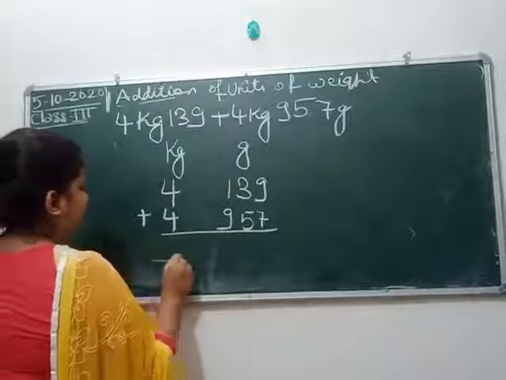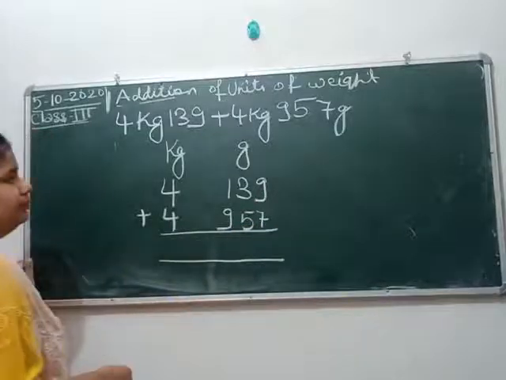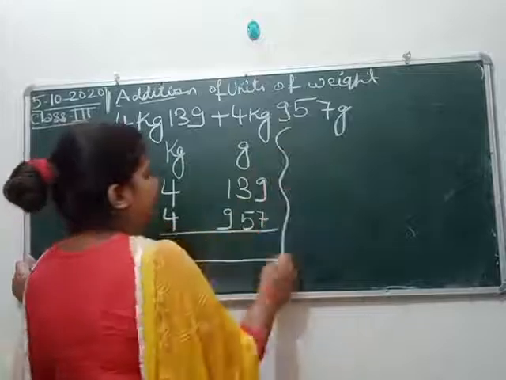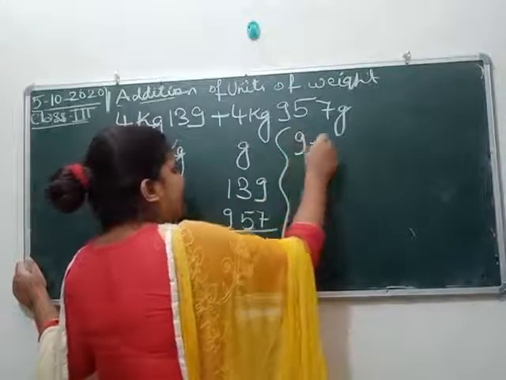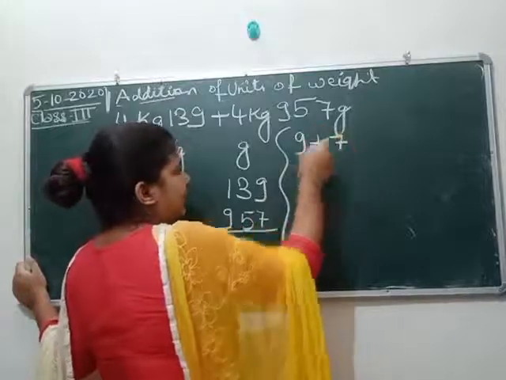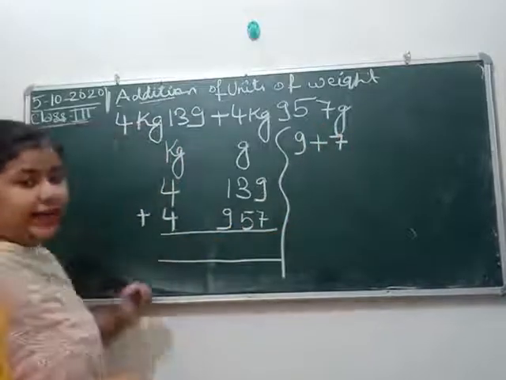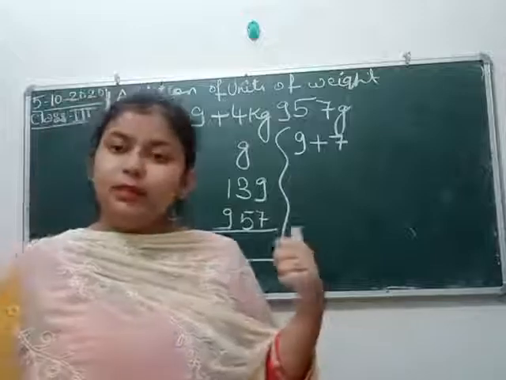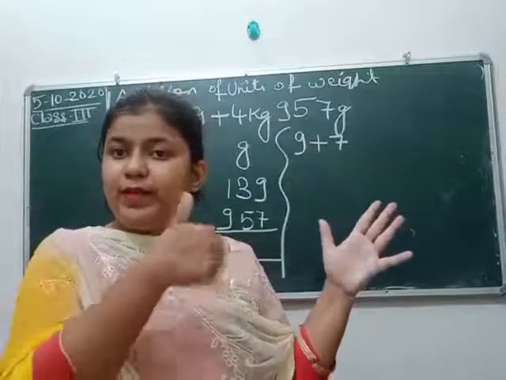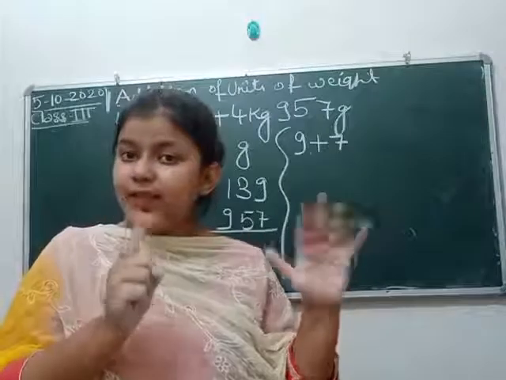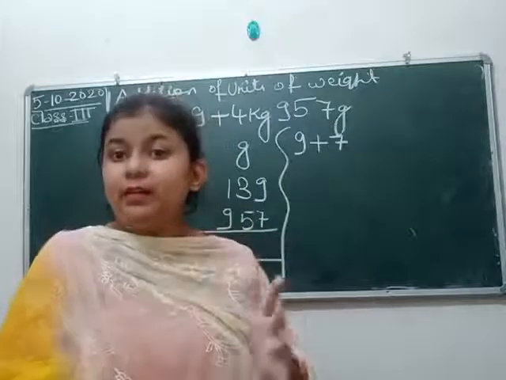Okay. Add them together. Let's see. So we'll start from here. 9 plus 7. Adding 9 plus 7 we will get 16.